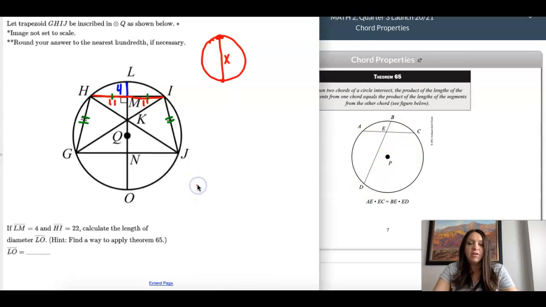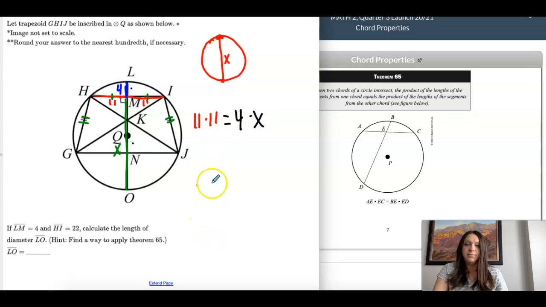So right here, the chords intersecting are this 4, and then this unknown, which we're going to call x, and then the 11 and 11. So the two chords there are 11 and 11. Equals the two chords here are 4 and x.